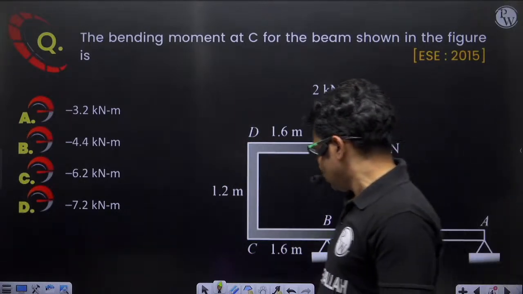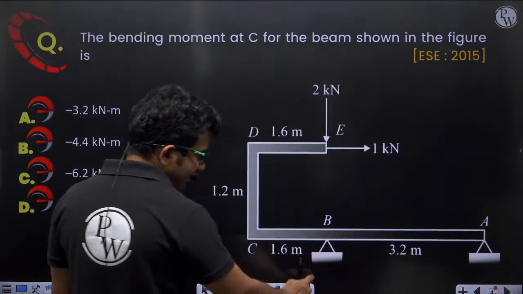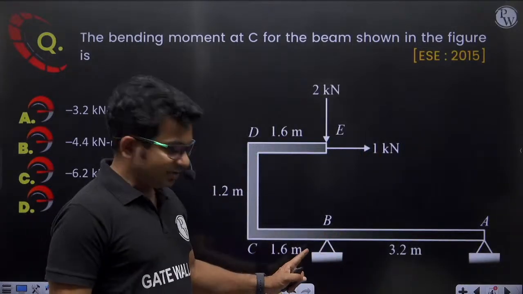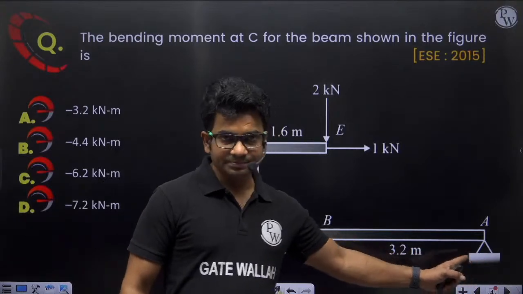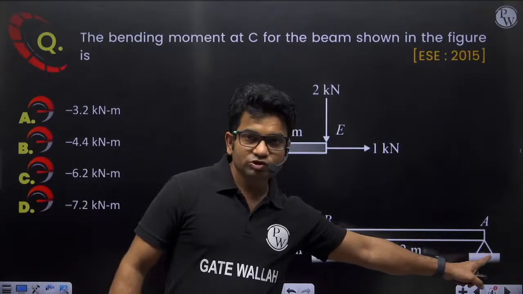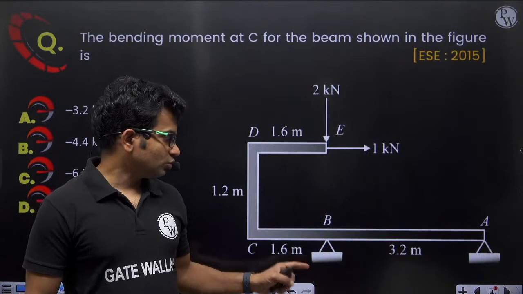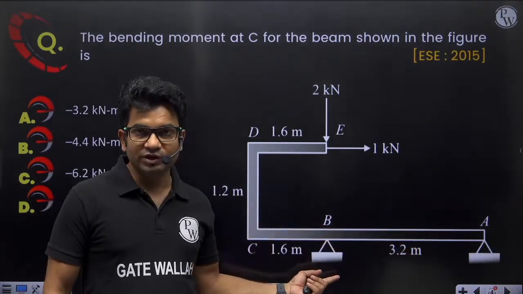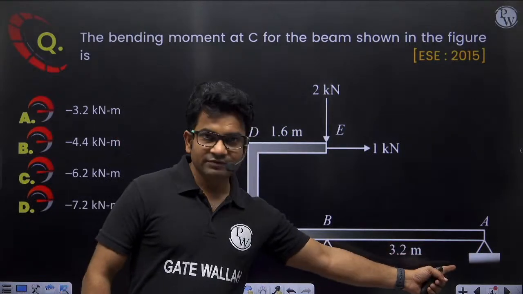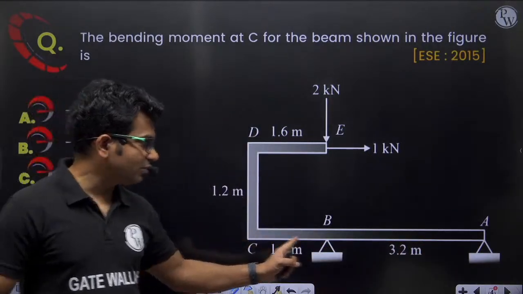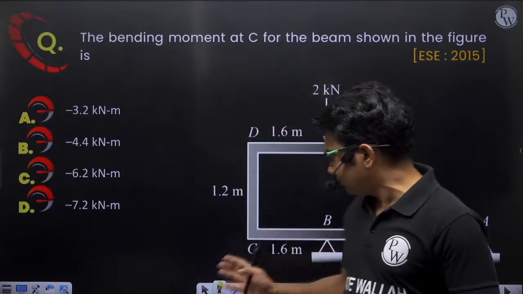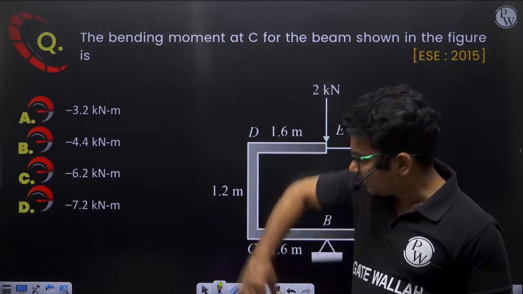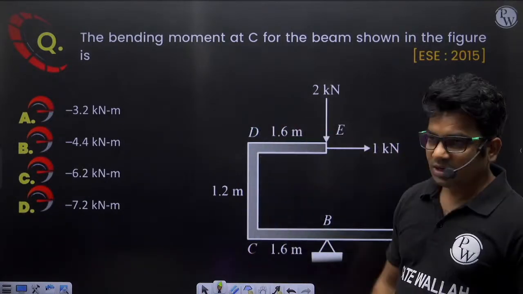I don't know the value of reaction at A or at B, so RA and RB are both unknown. If I calculate from the right side, I will not be able to, because first I have to calculate RB and RA. So I will calculate from the left side. Left side is like this, it is bent like this.